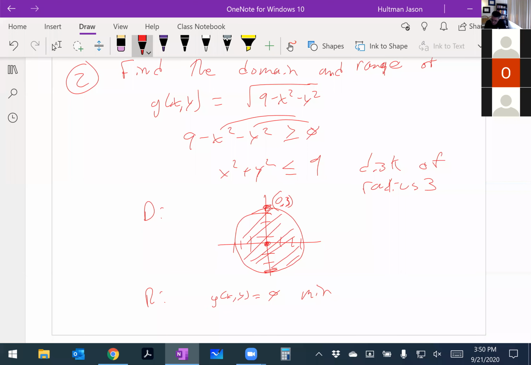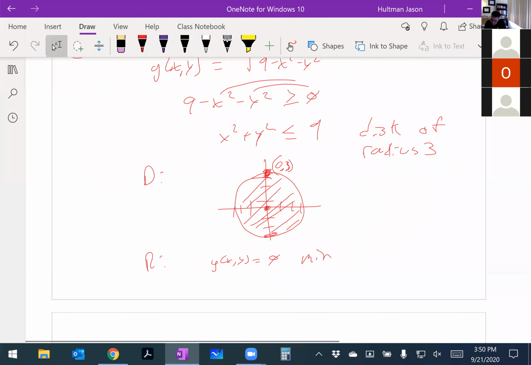Okay, when we're on the boundary, that's going to be the minimum value. What about if we're at the center? The furthest away from the boundary is the center. When I'm at 0, 0, I'm furthest away, and what's that? That's going to be 3, right?